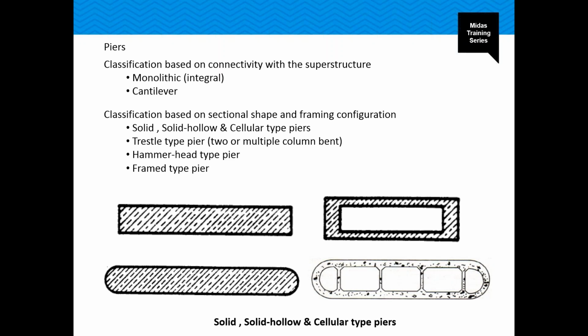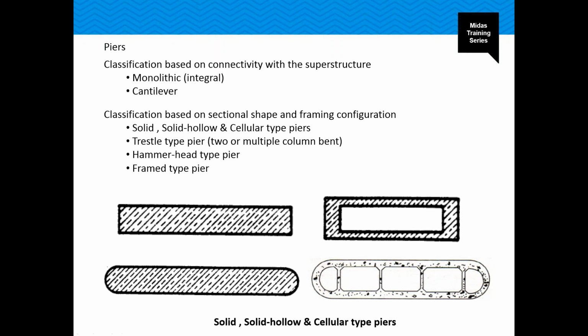Another classification can be done on the basis of sectional shape and framing configuration. The first one is solid type, the second one is trestle type or the bent columns. The third type is the hammerhead type, and the fourth type is the frame type.